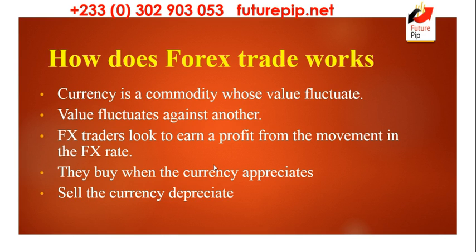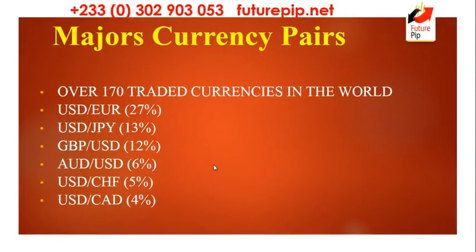When euro gains strength against US dollar, he buys euro and sells off US dollar. And when US dollar gains strength against euro, he sells the euro and buys the US dollar. You need to understand that this is basically how forex traders make their money.